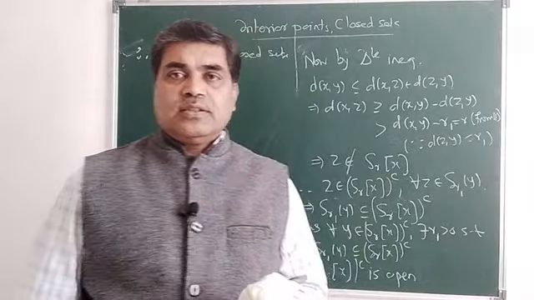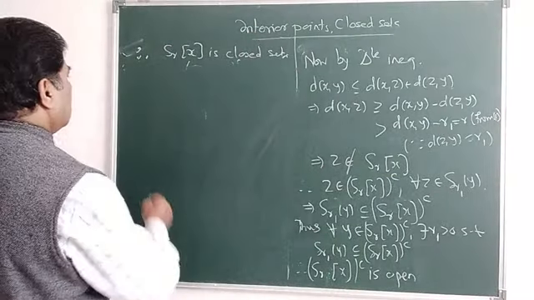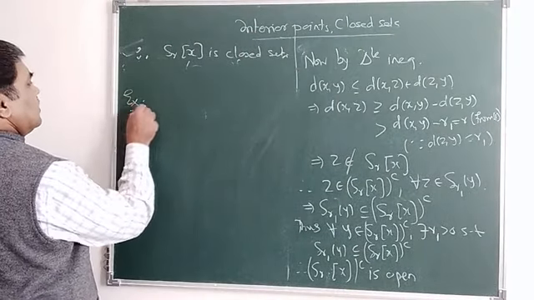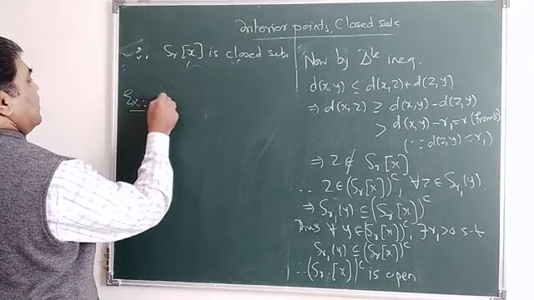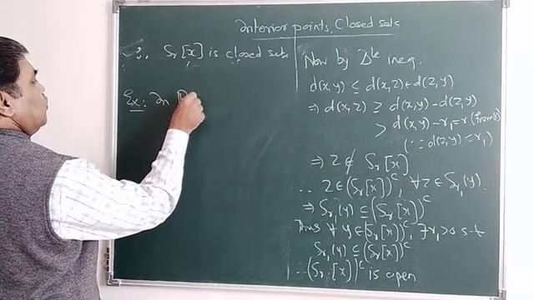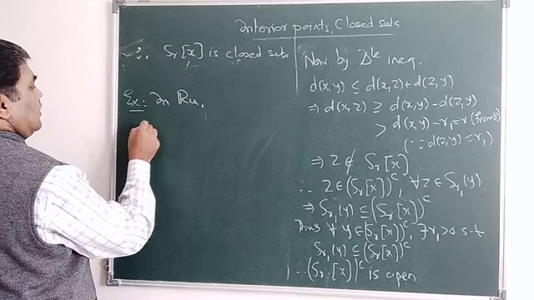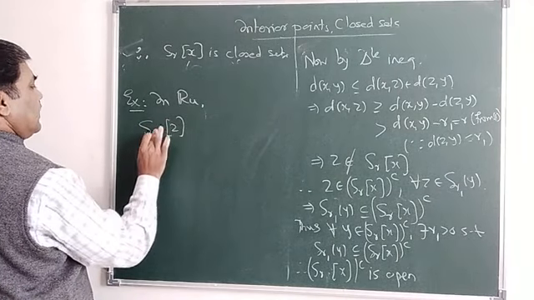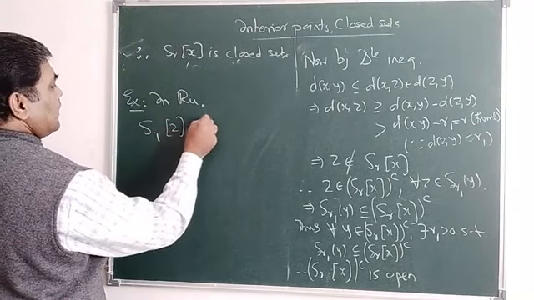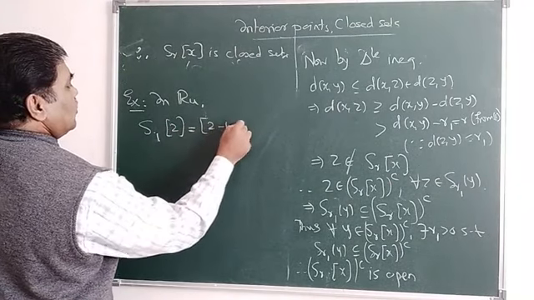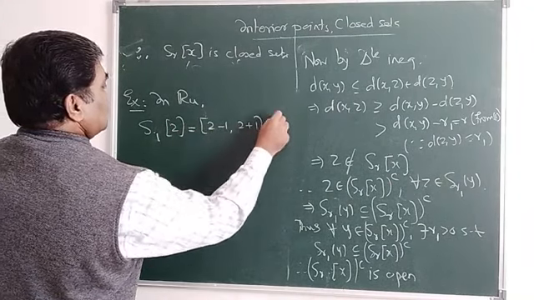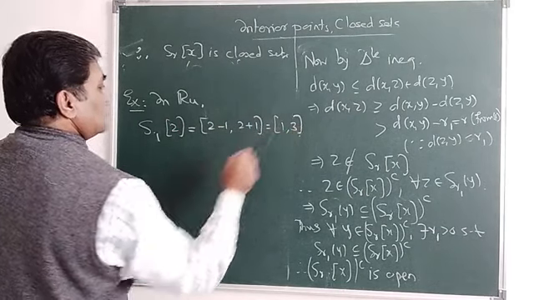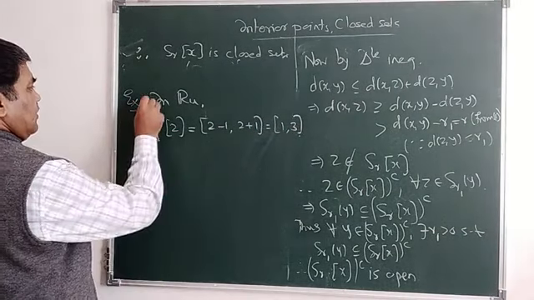Closed sphere is closed. So examples of closed sphere: in R, S_1[2] will become 2 minus 1 to 2 plus 1, which is equal to [1, 3], a closed interval, like this.